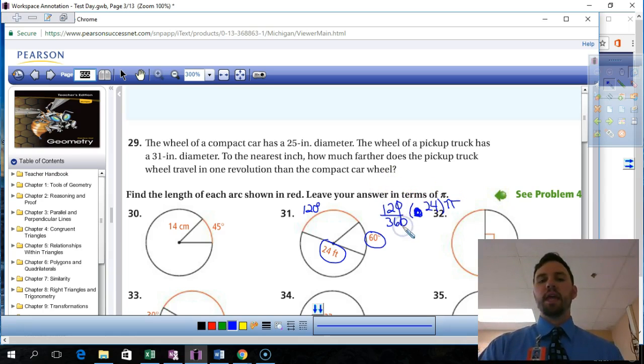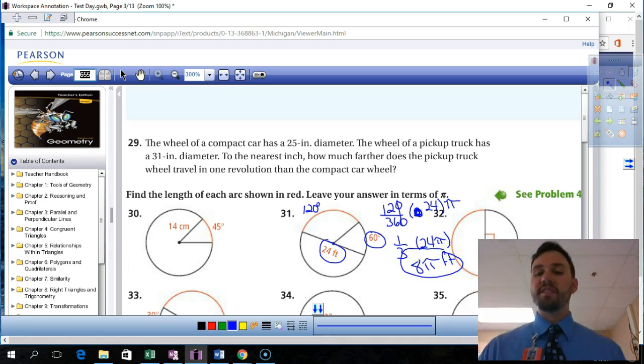Zeros cancel. 12 divided by 36 is the same thing as 1/3. 24 pi, 24 divided by 3 is 8, so I get 8 pi feet. So degrees over 360 times your circumference will give you arc length.